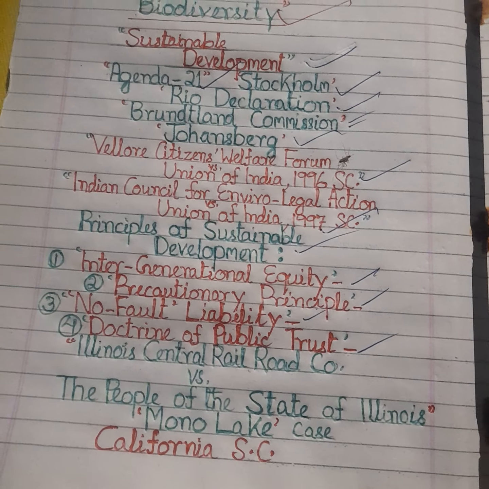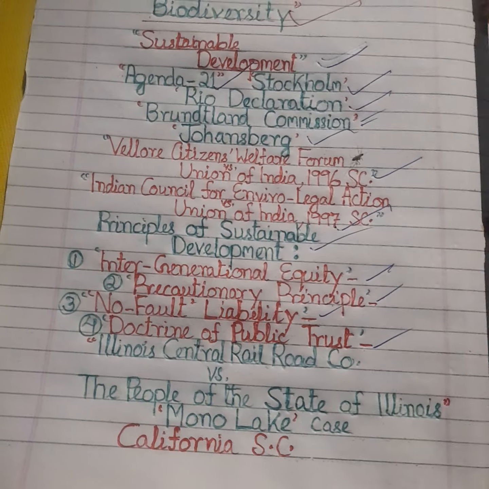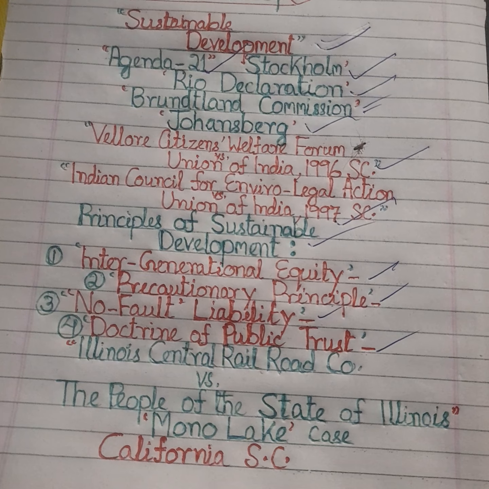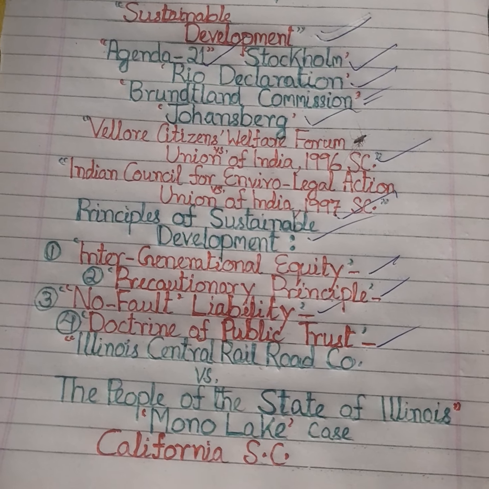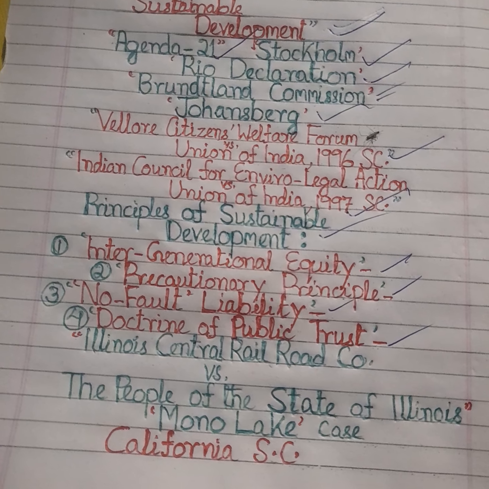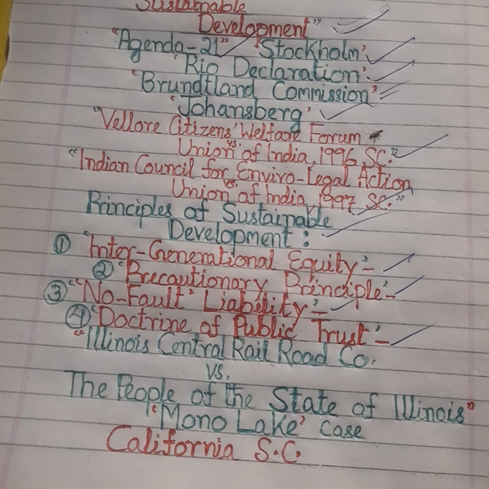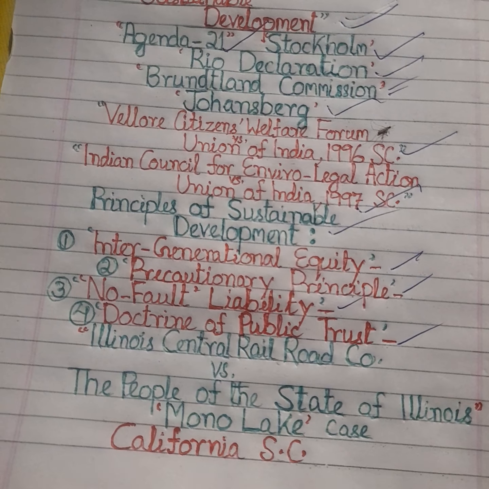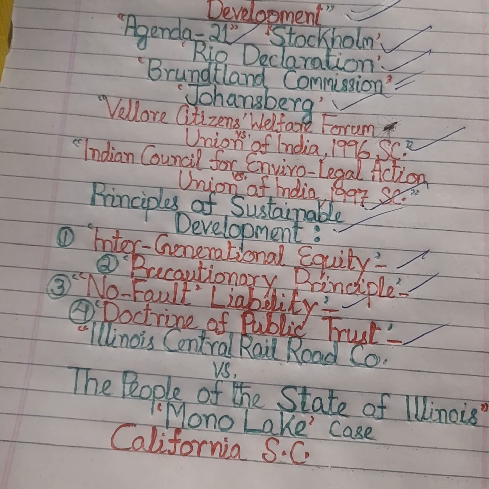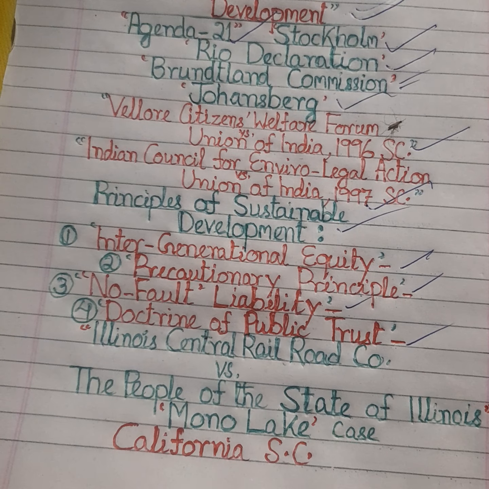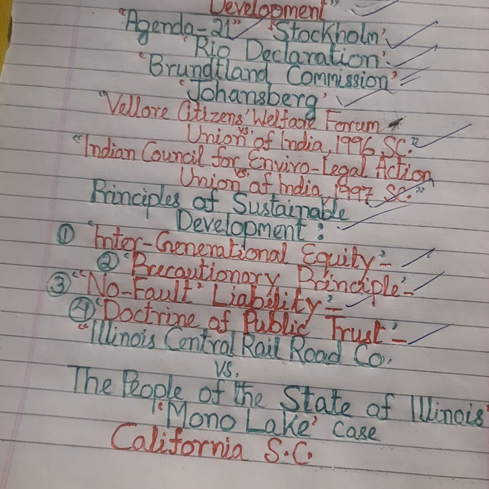And now we'll go to the next important principle involving sustainable development, and that is the principle of absolute liability, evolved from the principle of no fault liability.